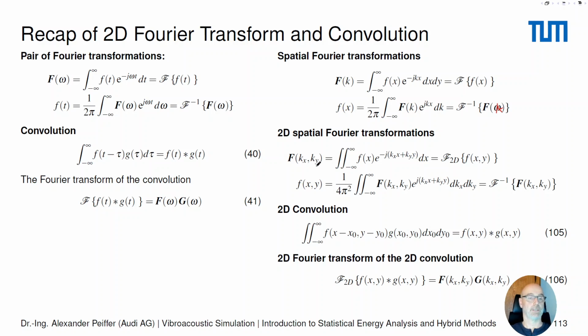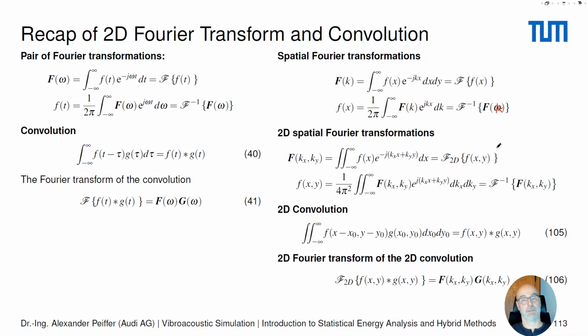Good. So on top of that, we can also define the 2D spatial Fourier transform, which makes sense. We don't have two times, but we definitely have two spatial coordinates here, x and y, and we have two wave numbers in the x and y direction, and the form keeps the same.